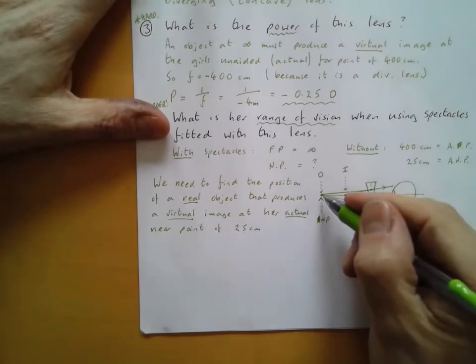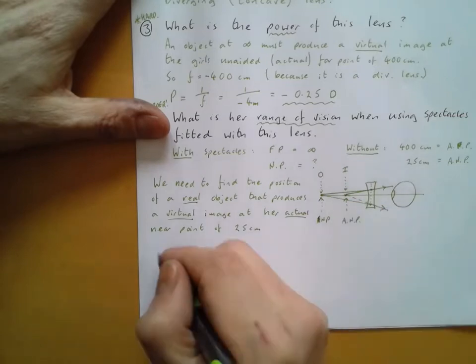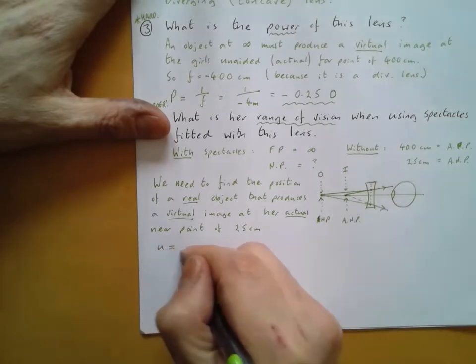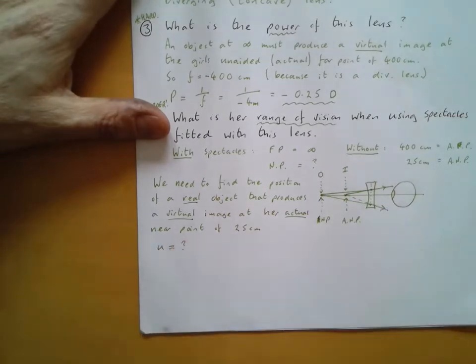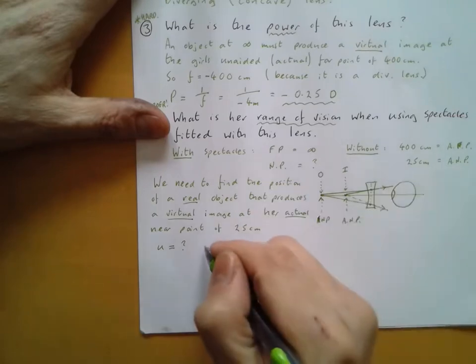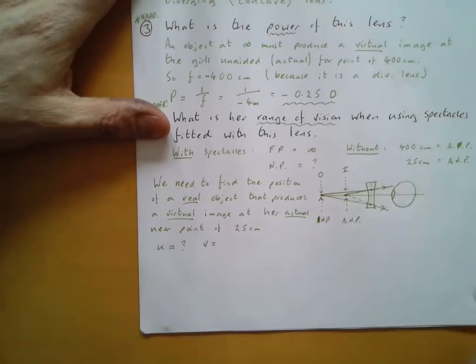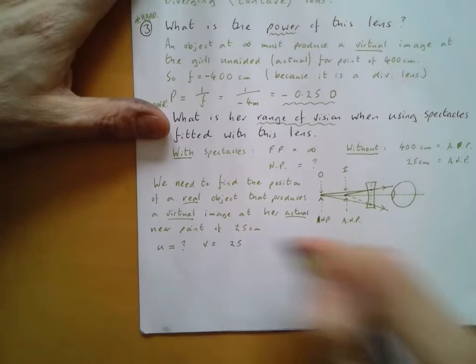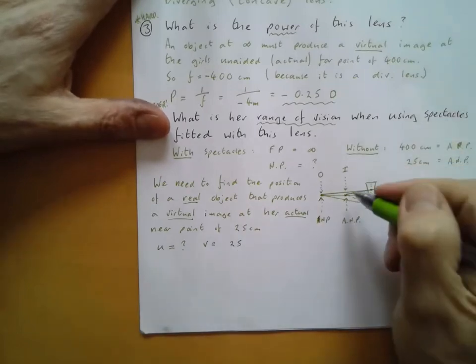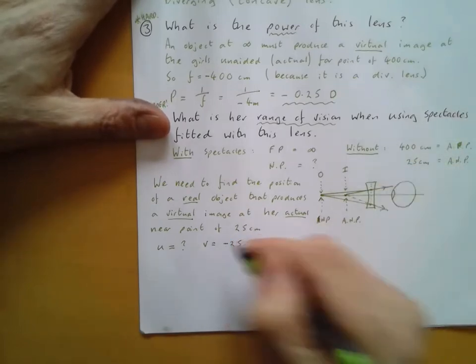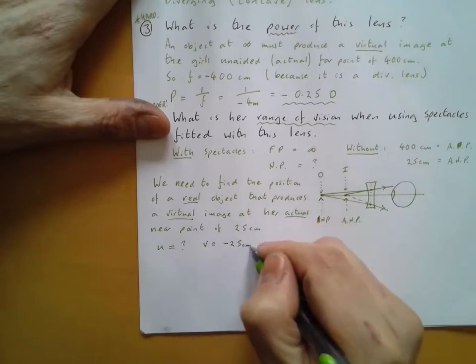So if we have a real object out here somewhere and we're trying to find that, then the object distance is question mark. The image distance, v, is 25 centimeters, but the image will be a virtual image, so it must be negative 25 centimeters.